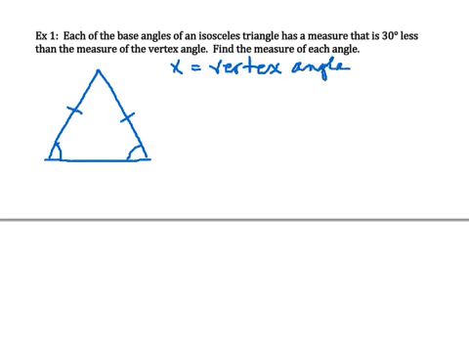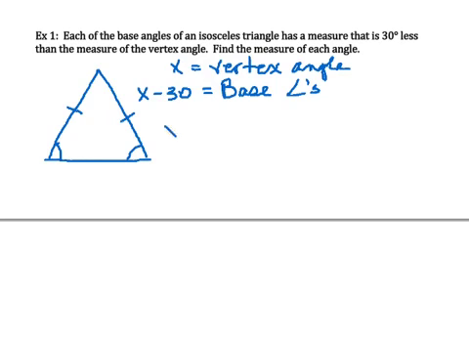And it says that the base angles are 30 degrees less than the vertex. Less is one of those magic words. And this is 2 base angles. So this is also where my answer is going to show up as I work my problem. Now what we know about triangles is that all of the angles add up to be 180 degrees.